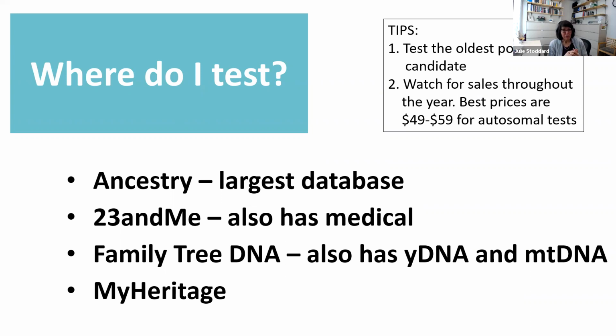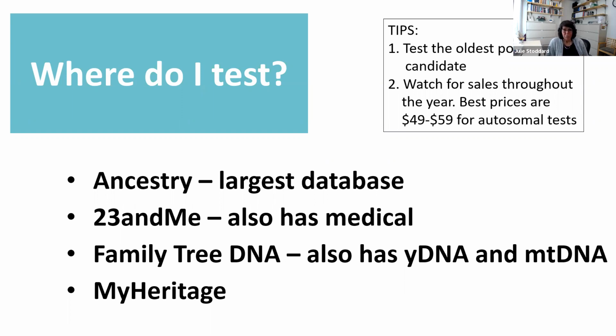For the most part, what most people are doing, they're going to be testing at one of these four places. I tried to say here's the pros and the cons and what you can get out of it. Ancestry has the largest database, and we'll look at those numbers in a minute. They also have trees and records, and it makes building the trees of your DNA matches fast and easy.